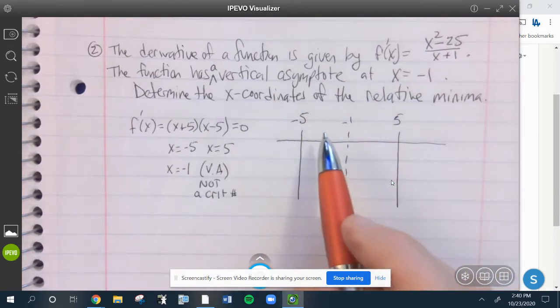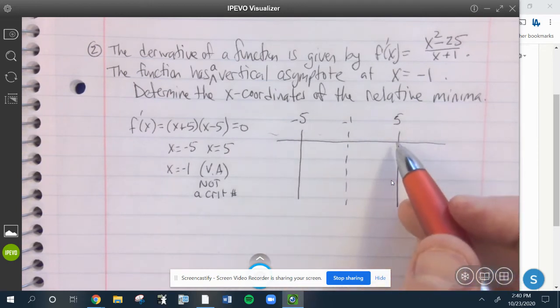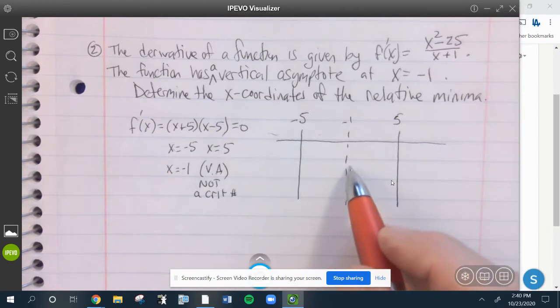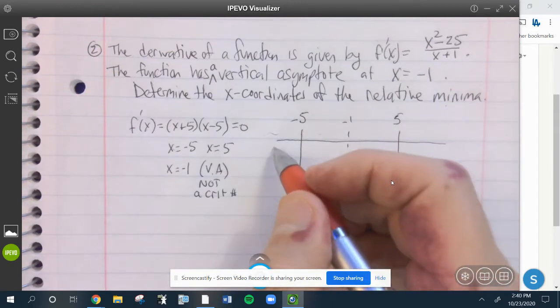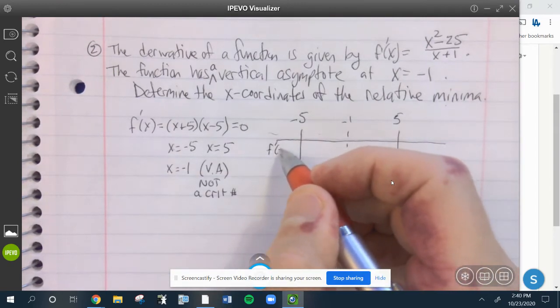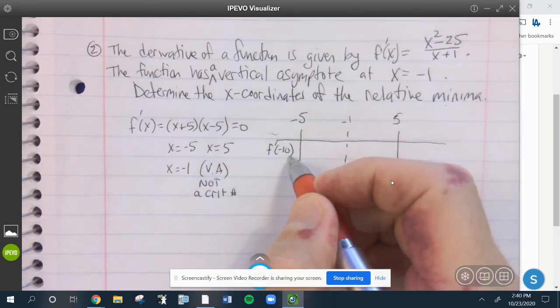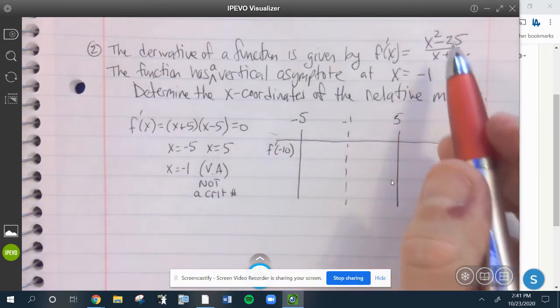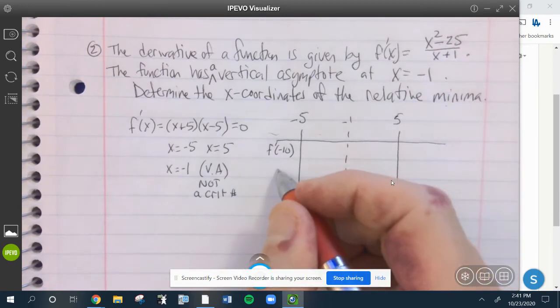We're only looking for the relative minimum, so I'm not even going to write in the intervals. I don't really care. I just want to know at what intervals it changes. For minimum, that means when the first derivative changes from negative to positive. So f prime of -10 would be positive over a negative.